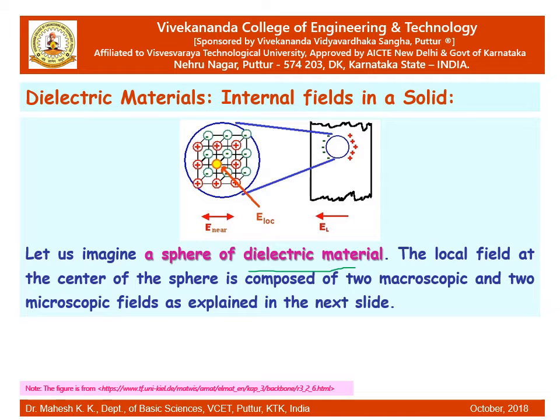Here, as you could see, is a sphere of dielectric material that I am taking from within the material. The local field at the center of the sphere is composed of two macroscopic and two microscopic fields, which I am going to explain in the next slide.